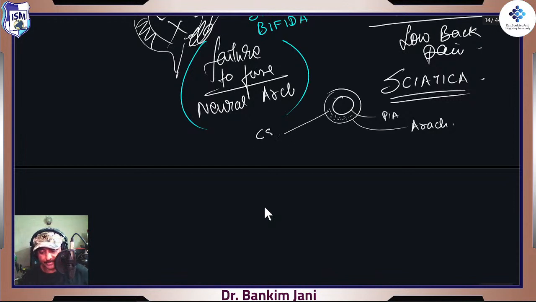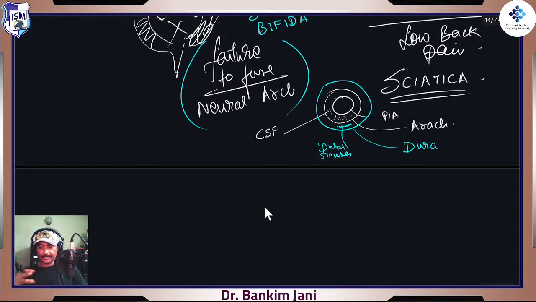That is where you will find cerebrospinal fluid. Surrounding it you have the tougher one, which because it is very durable is called the dura mater. The space underneath this blue is the subdural space, where the dural sinuses are. These are all the meninges: pia mater, arachnoid mater, dura mater.